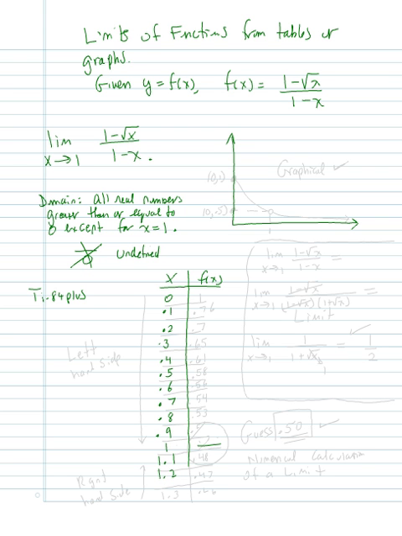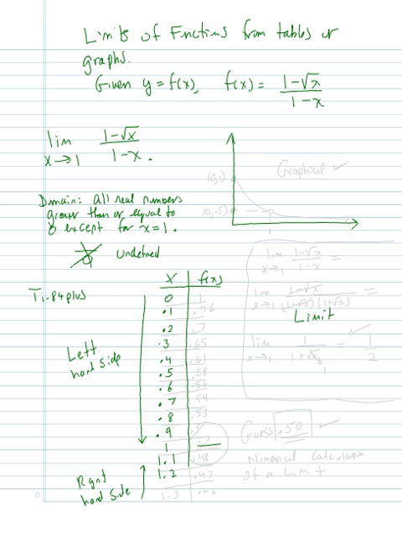So as we're calculating this using this notion of limits, as I converge in on 1 from the left side, these values are coming in from the left-hand side. And these values are coming into the limit from the right-hand side. These are right-hand side limits. So let's plug in some of these values.